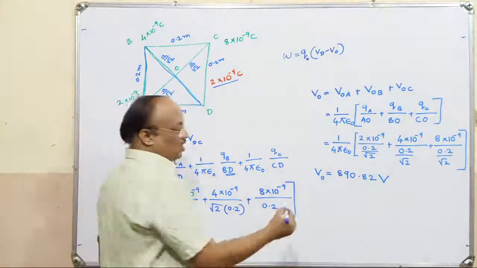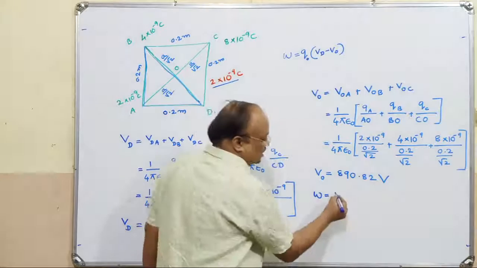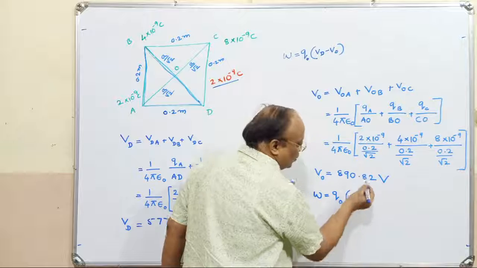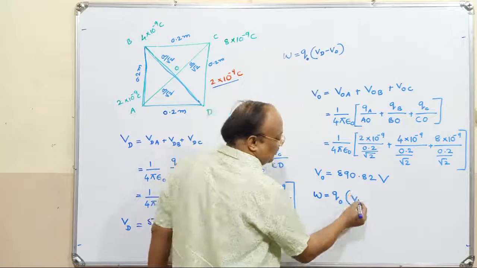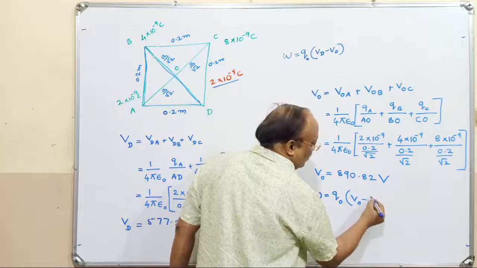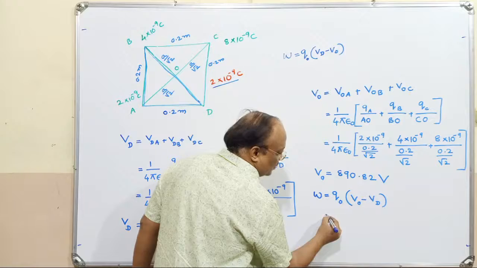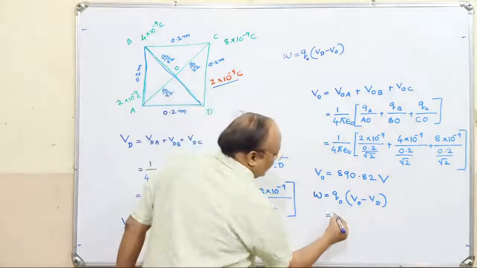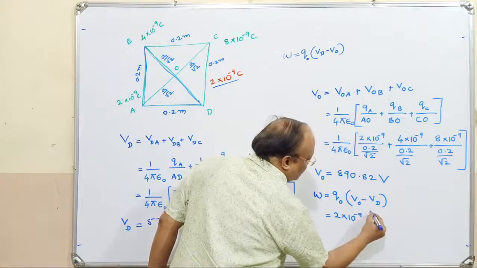So now amount of work done is equal to Q naught into, since this is more, it is VO minus VD. What is our test charge? Test charge is 2 into 10 to the power of minus 9.